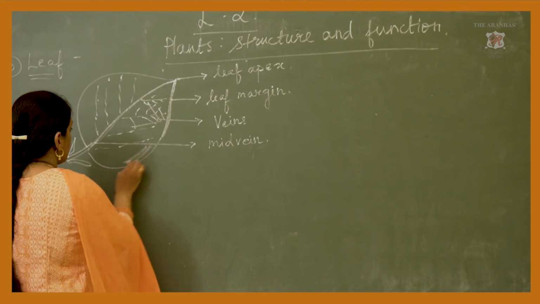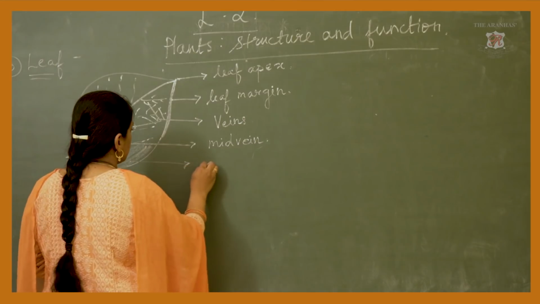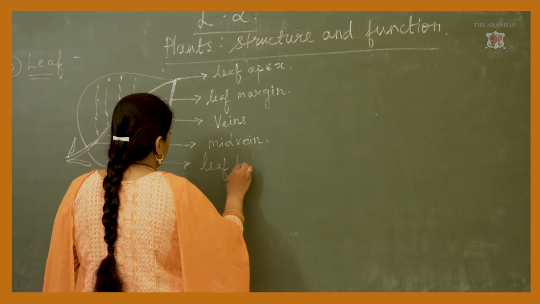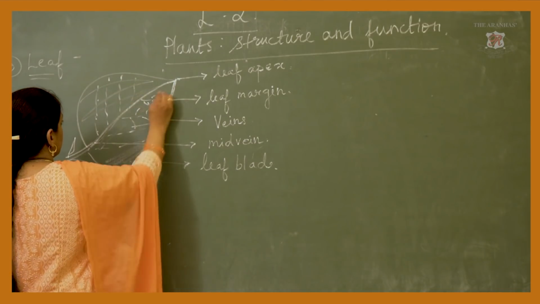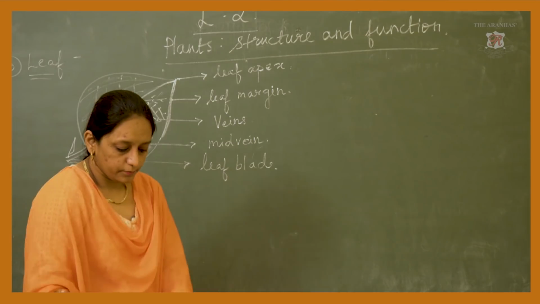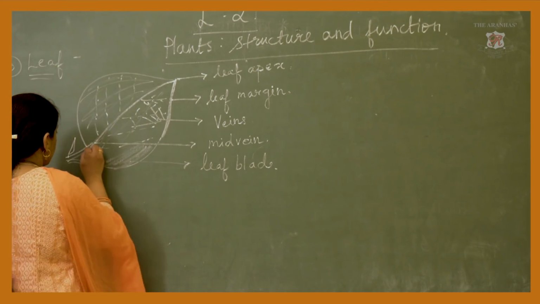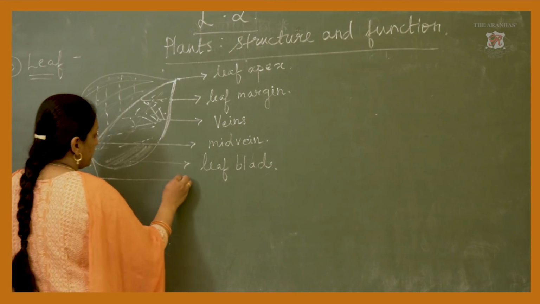Then this broad part of the leaf, spread out part, that is called as the leaf blade. This whole part is called as the leaf blade, which is broad and flat. Then the starting part of the leaf, from where the leaf has grown, that is called as the petiole.